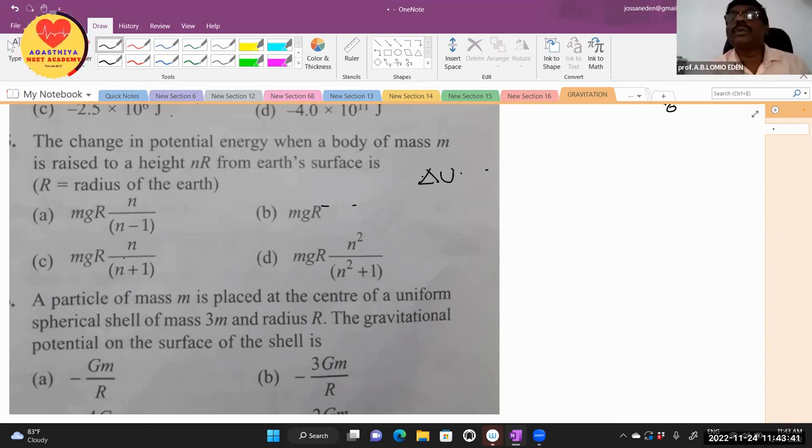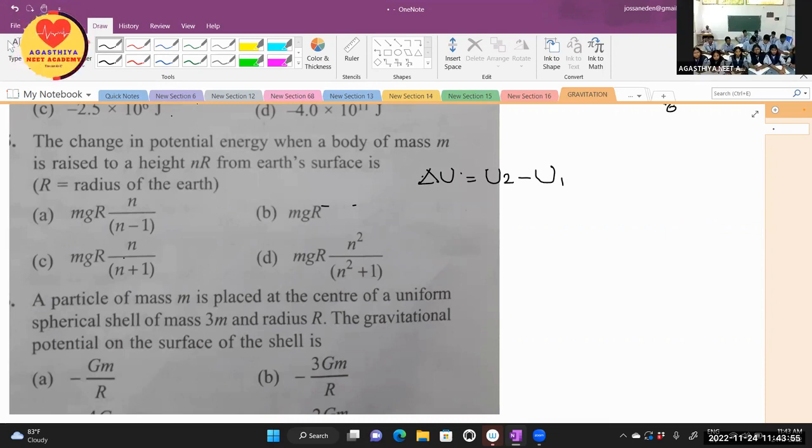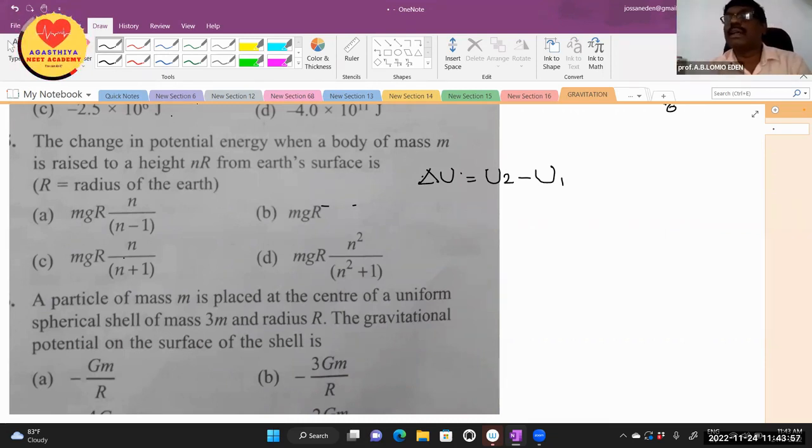Delta U, that is the final potential energy minus initial potential energy. Consider a mass placed at the surface of the Earth. It has its own potential energy. When it is raised to a particular height, the potential energy will be increased.